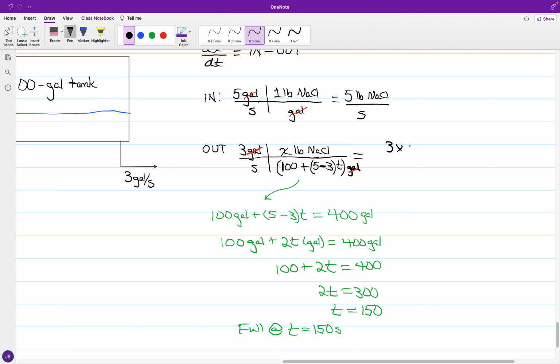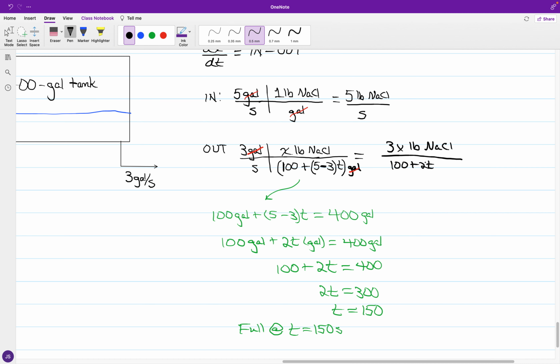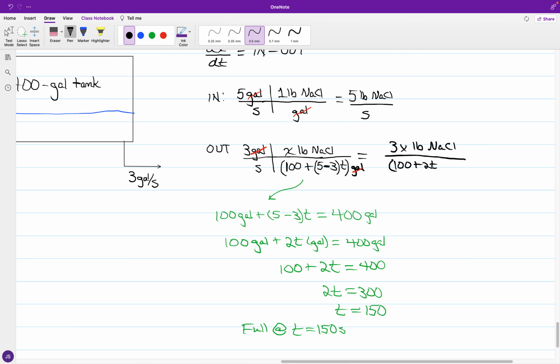So we have 3x pounds of salt all over 100 plus 2t seconds.